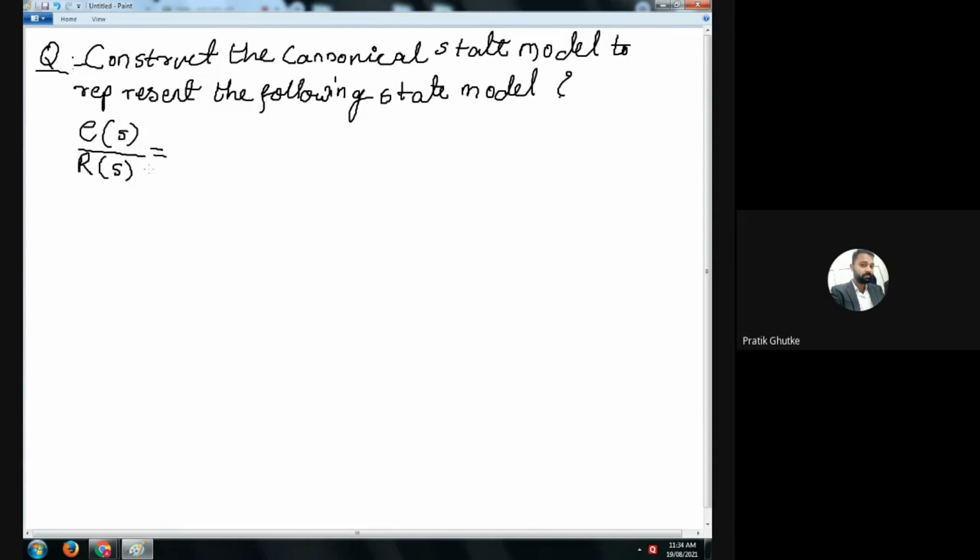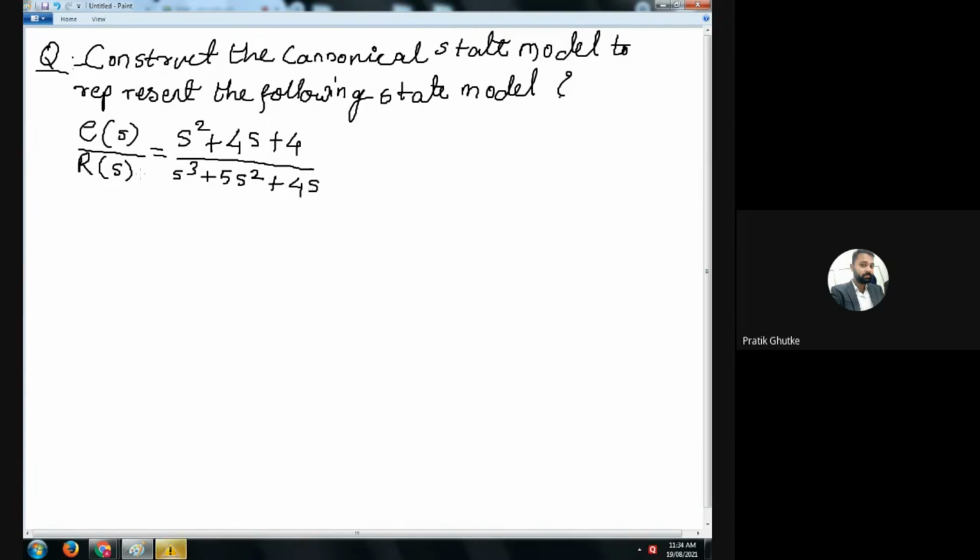C of S divided by R of S equals S square plus 4S plus 4 divided by S cube plus 5S square plus 4S. Okay, so this is the transfer function model they have given. I have to represent it in the canonical state model.